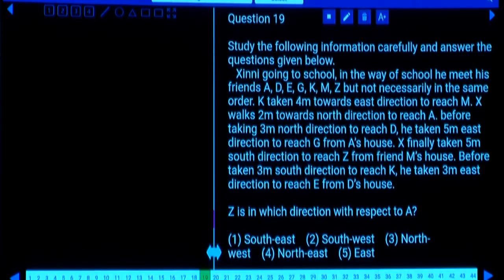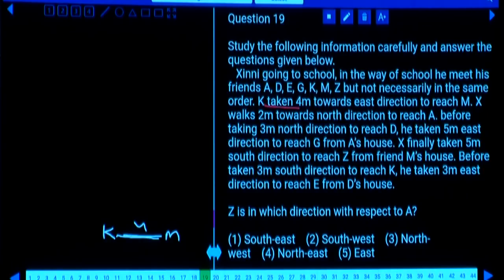K takes 4 meters towards east to reach M. That means from K one has to move 4 meters east to reach M. That means M is 4 meters to the east of K. Can you take that statement as such?